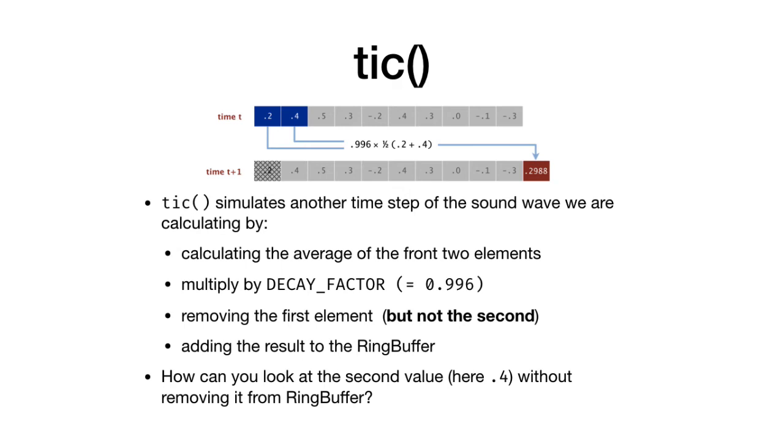Here it represents the ring buffer and the array representation, the one that I had in the bottom in my example, but it's that ring again. These two values are what's at the front of this ring buffer. So 0.2 is what would be returned if I did dequeue in my first call. Okay, so tick is going to simulate another time step of the sound wave we are calculating by doing the following.